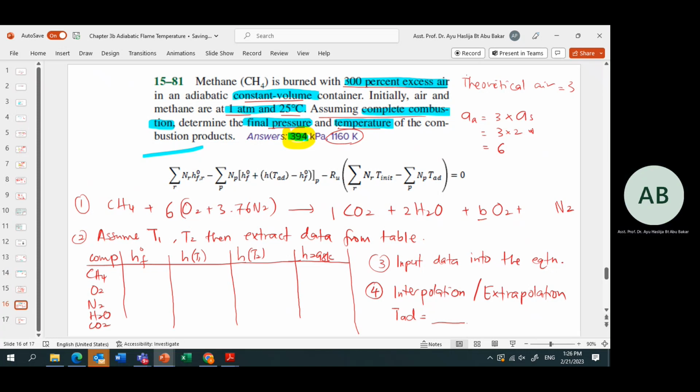What do you think? David, what do you think? Where to get the pressure? From what? From the product fraction. Product fraction.